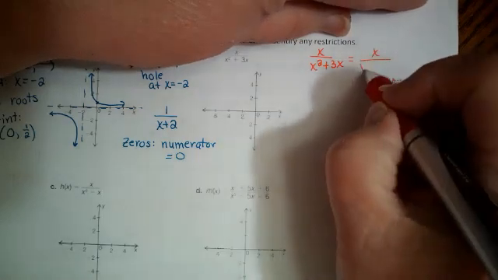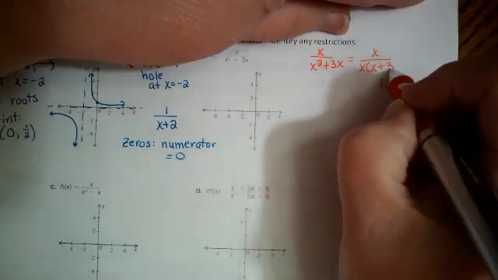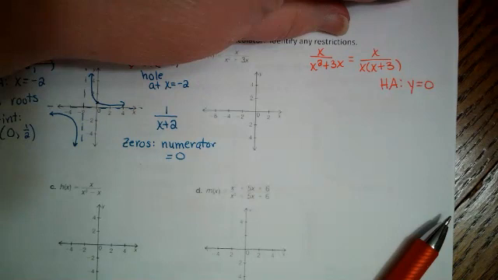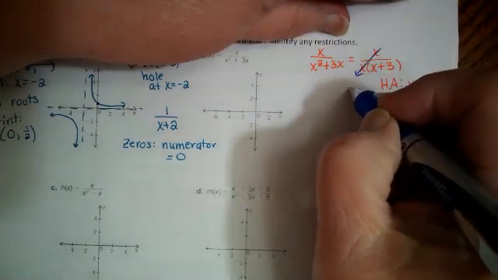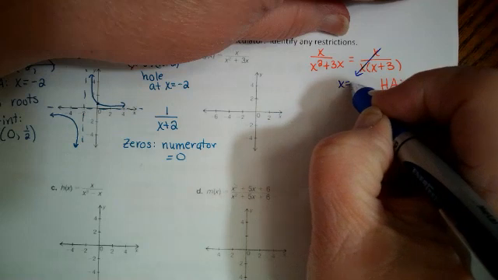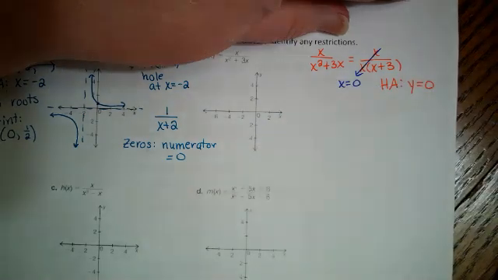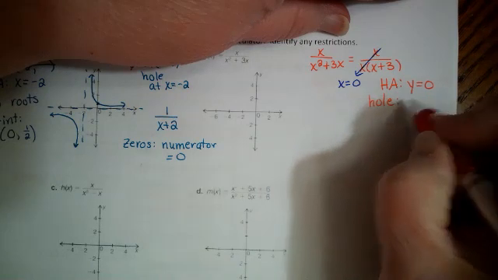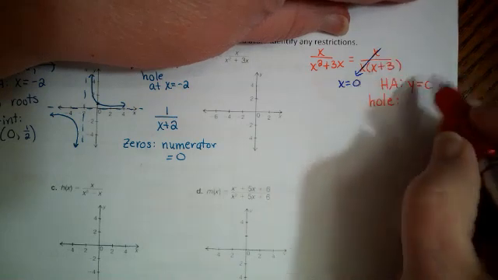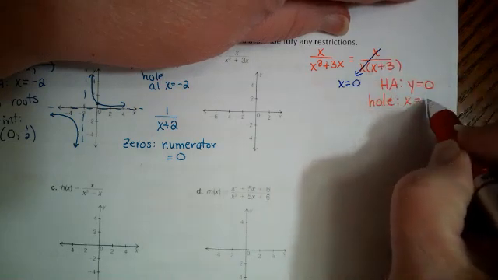My denominator is going to factor to x times x plus 3. And notice I have a common factor that's going to cancel out. There is a hole at x equals 0. Your hole is at the 0 of whatever factor you just divided out.